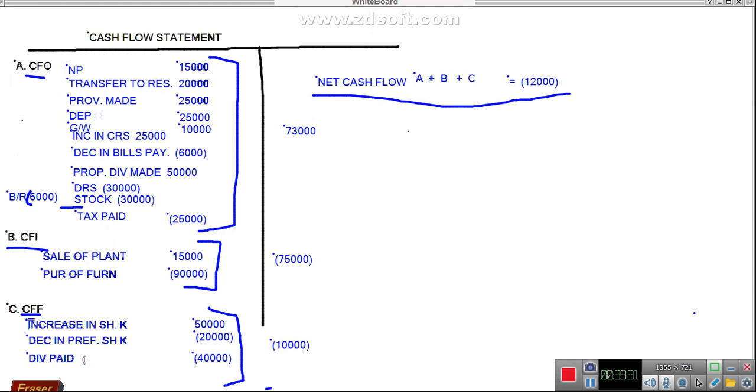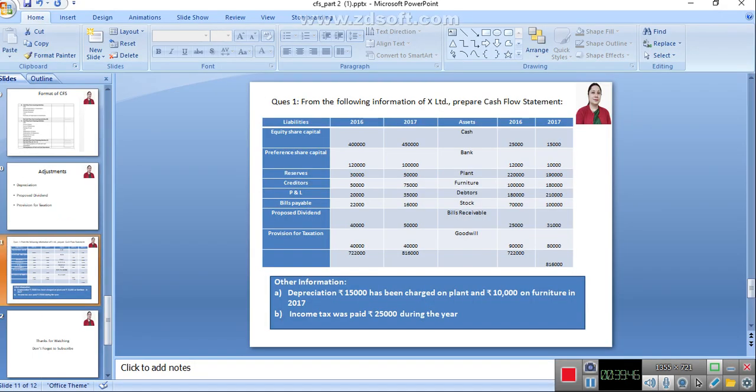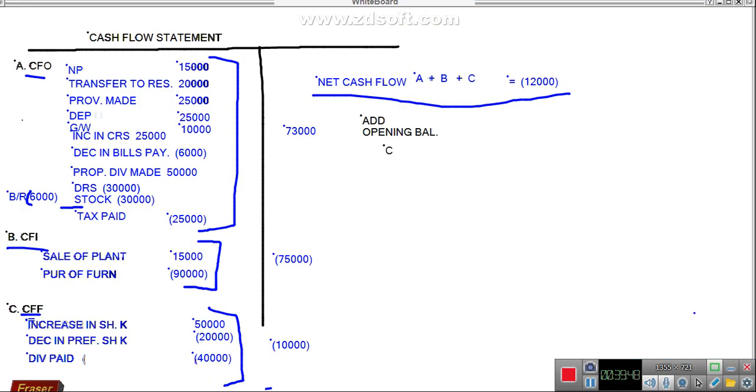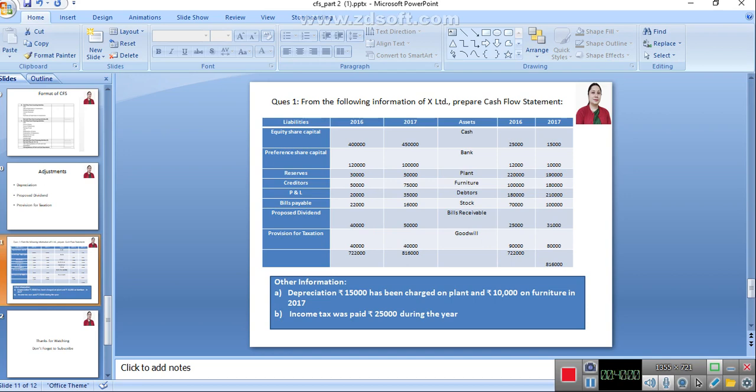Now after this, in this format, you have to add opening balance of cash and cash equivalents. In this question, in cash and cash equivalents, you have been given cash plus bank. Now see what is the opening balance of cash plus bank given here. Opening balance of cash is 25,000 and opening balance of bank is 12,000.